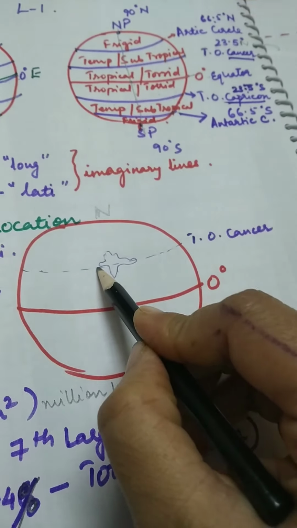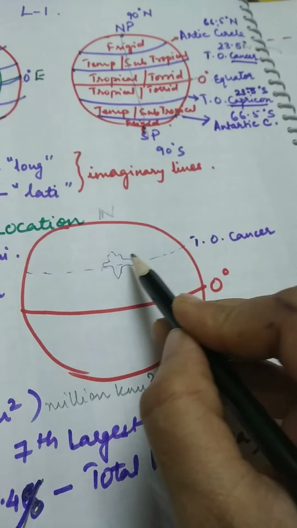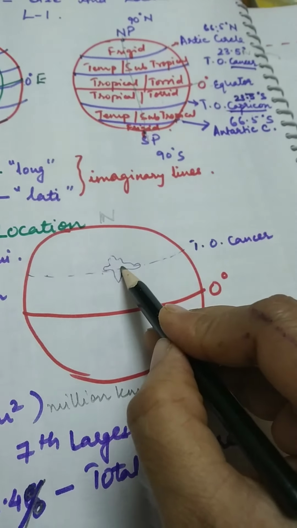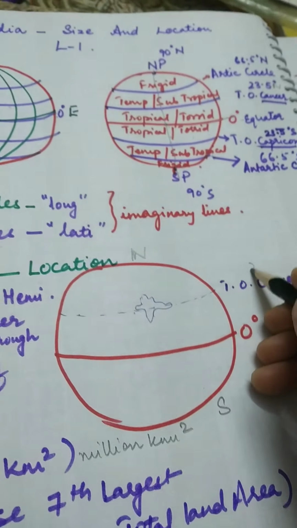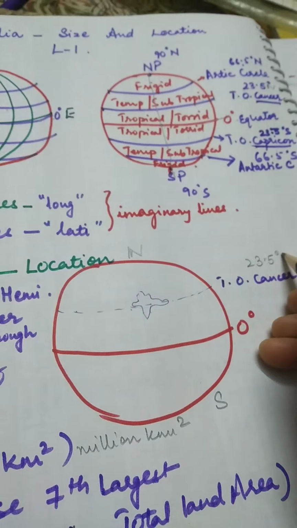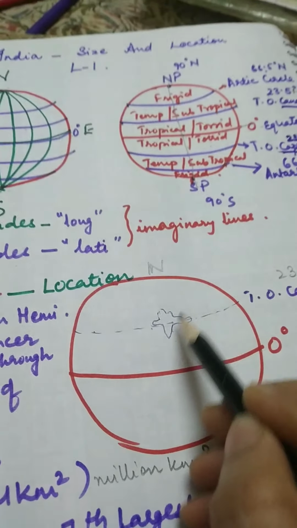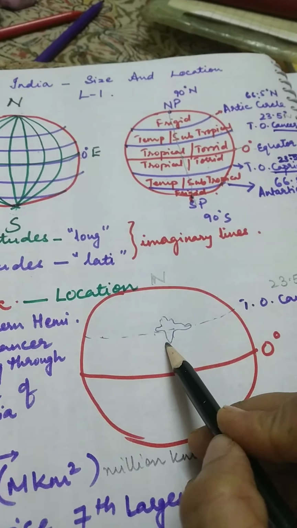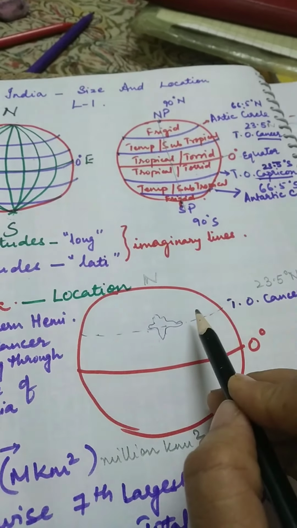This Tropic of Cancer is dividing India from the middle. Okay, so India is lying on the Tropic of Cancer, which is at 23.5 degrees north. So India is basically in the northern hemisphere, and the Tropic of Cancer is passing through the middle of India.